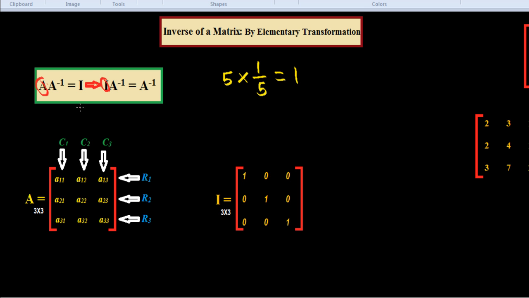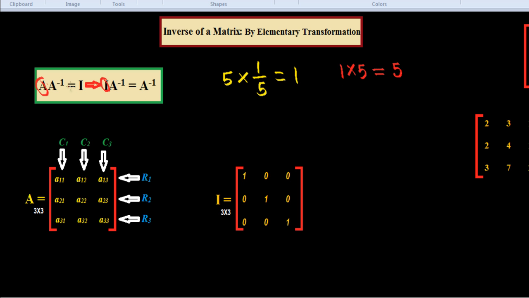As we make a change on the left side of this equation, the same change we make on the right side of this equation. So this identity matrix automatically becomes A inverse when A converts into I. Because any number, if we multiply it with 1, we always get the same number, it does not lose its identity. 1 is the multiplicative identity.